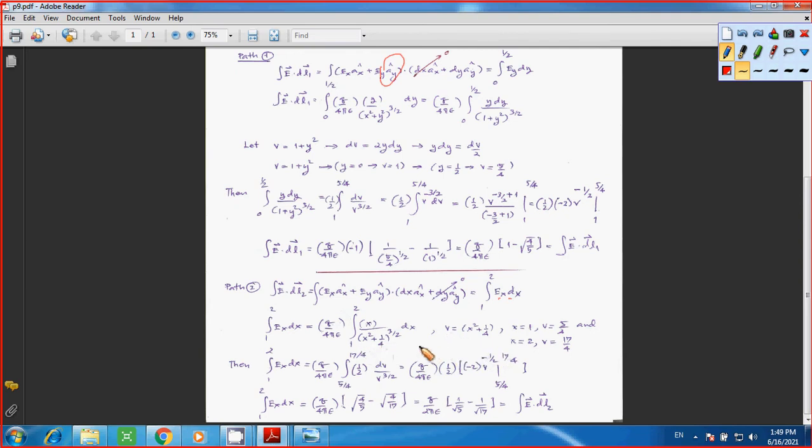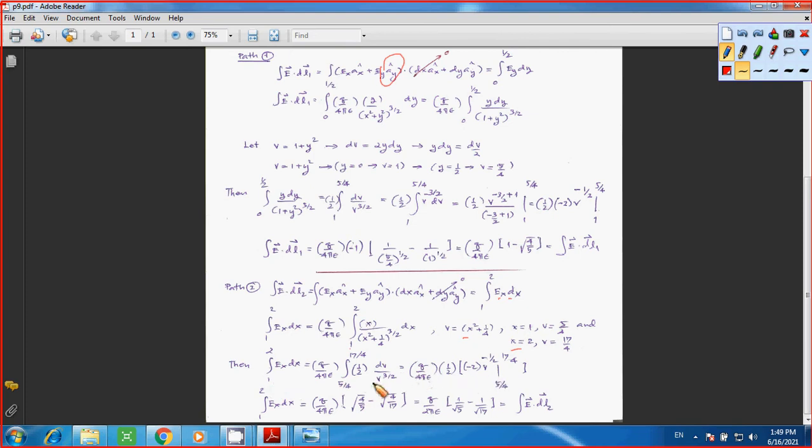Now you change the limit of integration. For lower limit of x, when x equal to 1, that gives you v equal to 5 over 4. And upper limit when x equal to 2, that gives you v equal to 17 over 4.